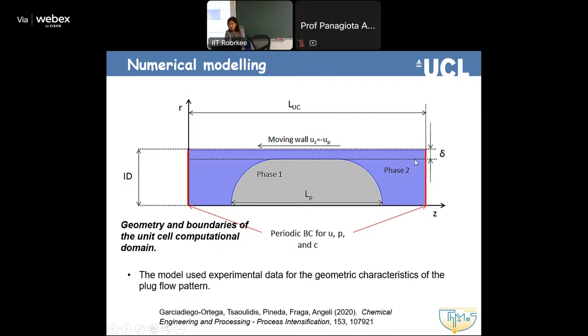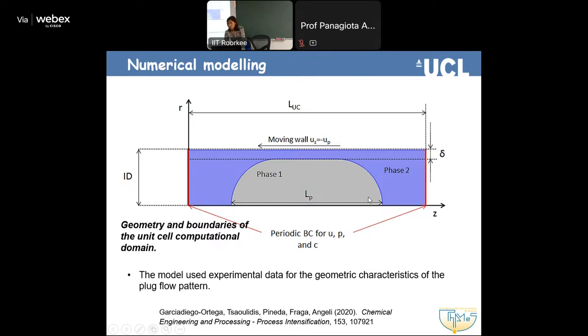What we decided to do, just because the modeling was not our main interest, was to use what we call the unit cell, as we called it in the previous lecture, where you have one Taylor plug and the corresponding surrounding continuous phase. You put periodic conditions, and you can model that a lot faster.